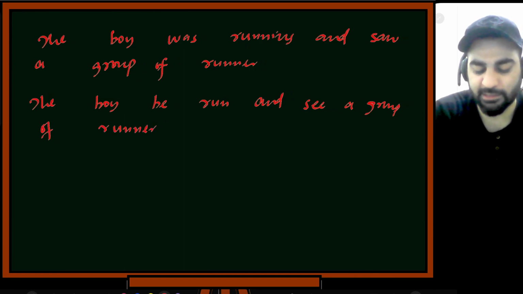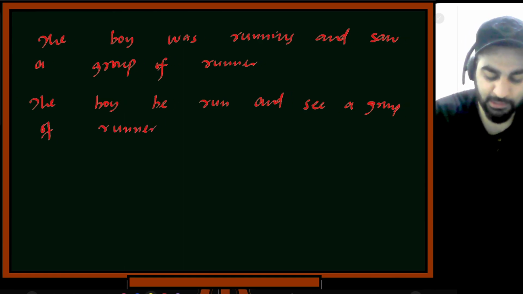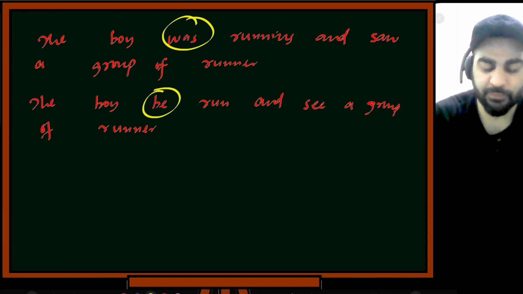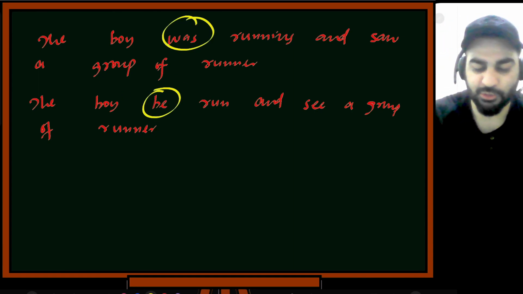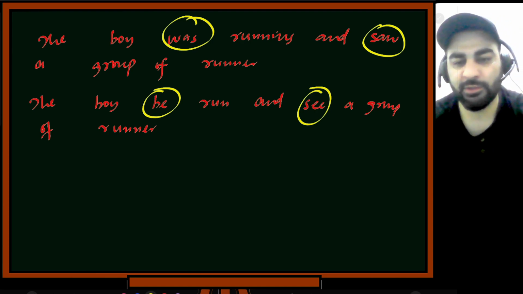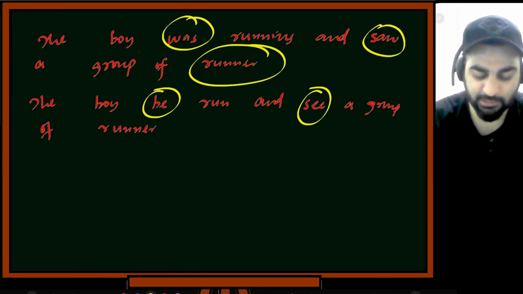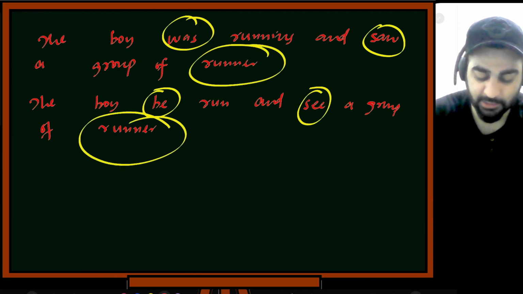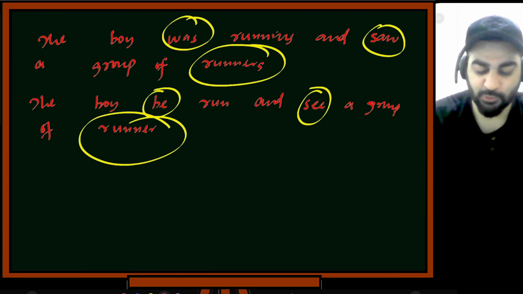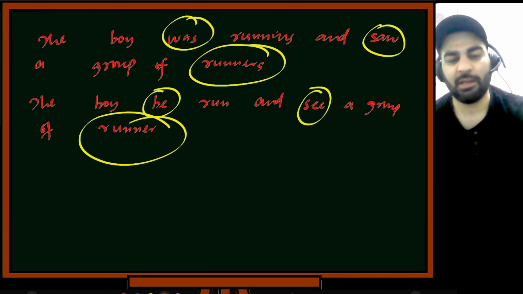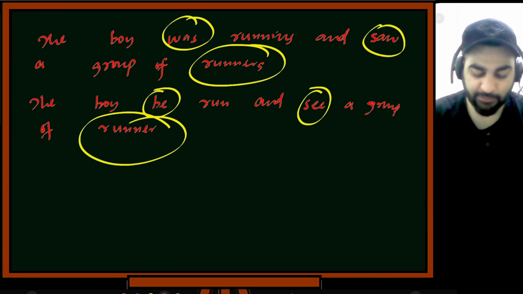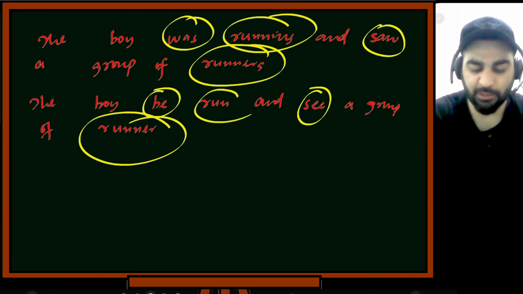So was was converted into be over here, saw was converted into see, runners was converted into runner, and running was converted into run.